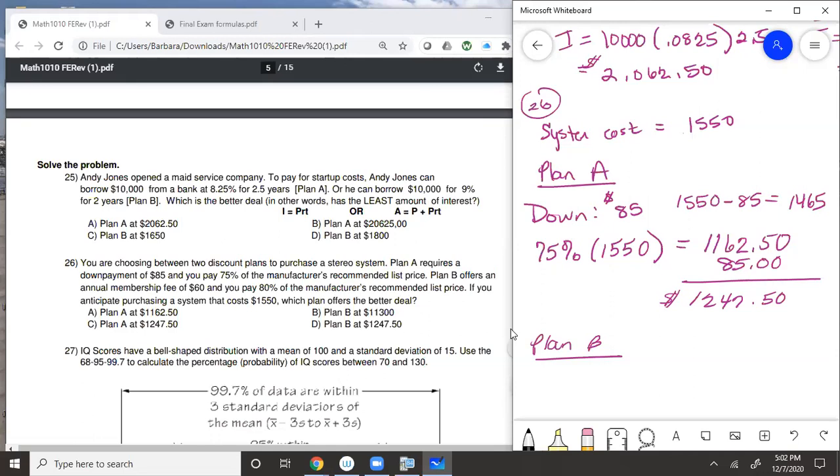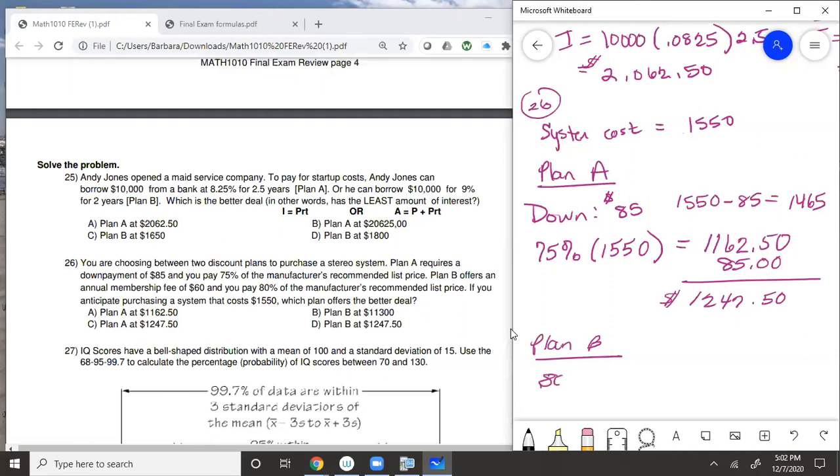For Plan B, it's an annual membership of $60 and you pay 80% of the recommended price. So 80% of 1550 is what? 1240, right?